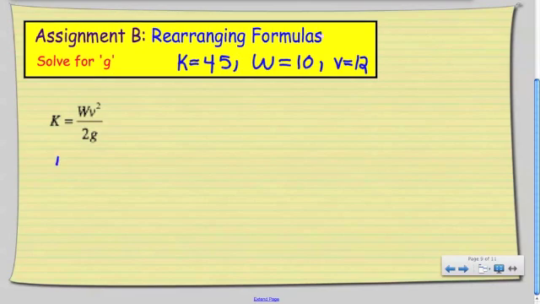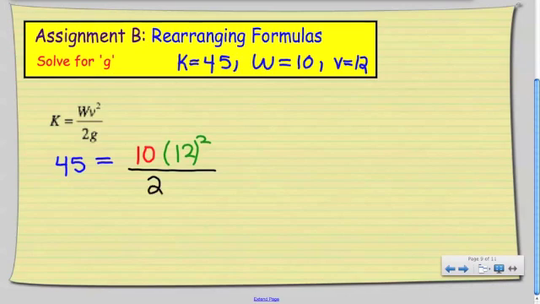So that means that 45 is going to be equal to capital W, which is 10, times V squared, which is going to be 12 squared, all over 2 times my G term. And we're trying to solve for G.